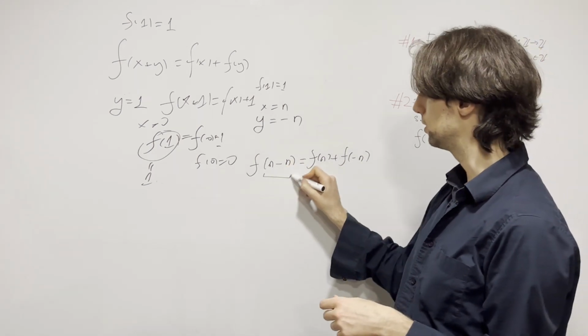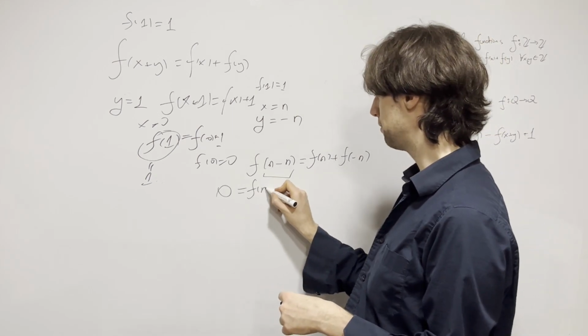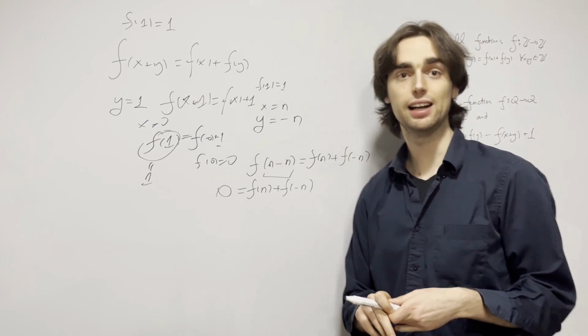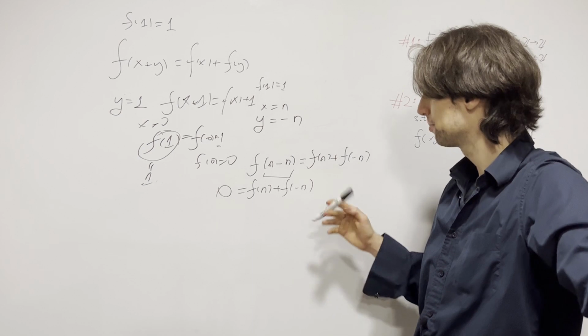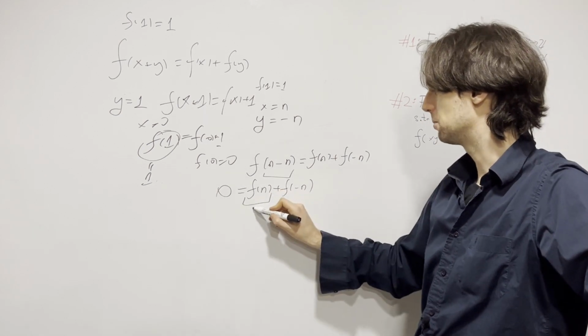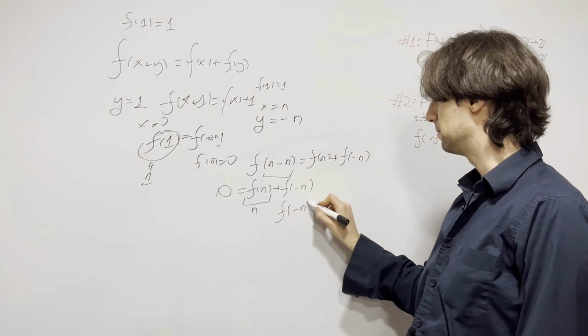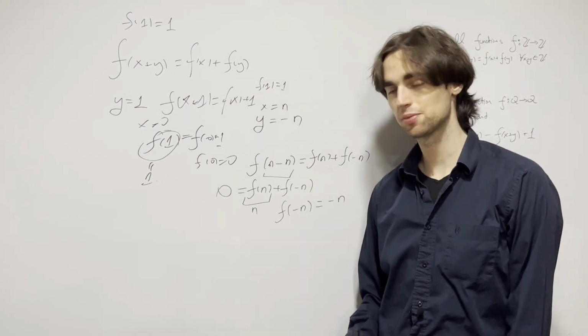And now this thing right here is f of 0, which is 0. And I have 0 is equal to f of n plus f of negative n. And now what do I have? If I plug in a positive integer n, then this number here is equal to n. Then I'll have f of negative n is going to be equal to negative n when I move this here.